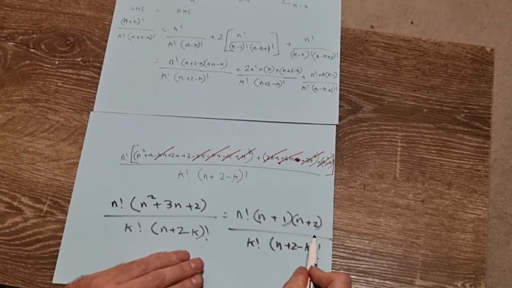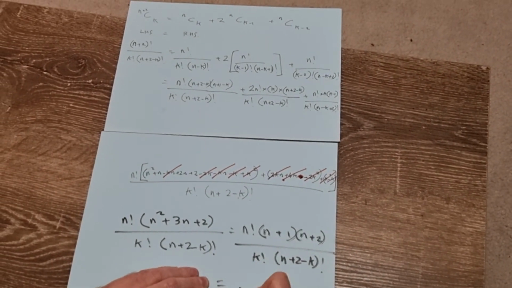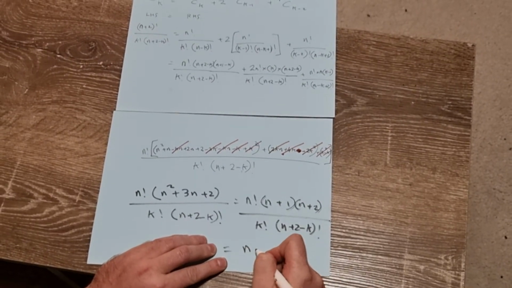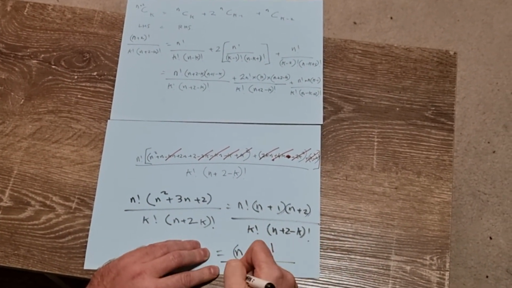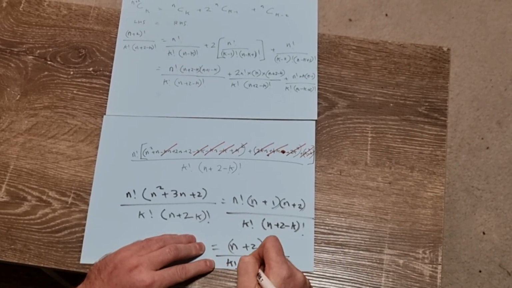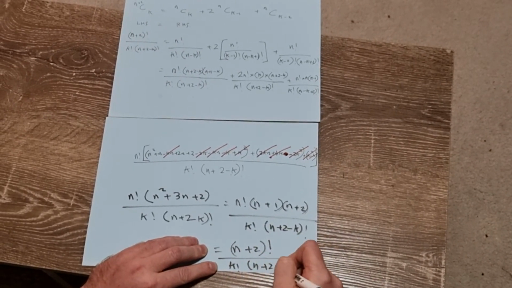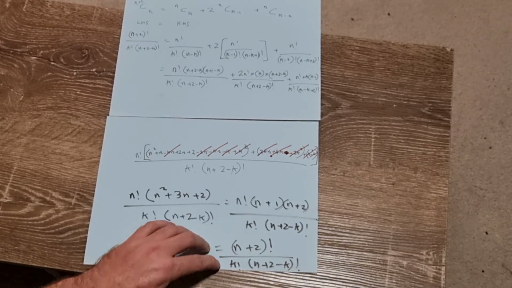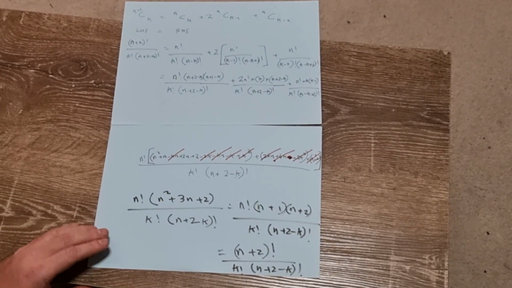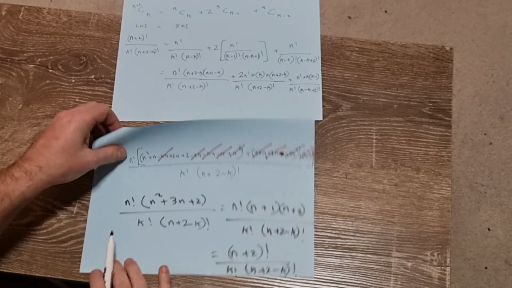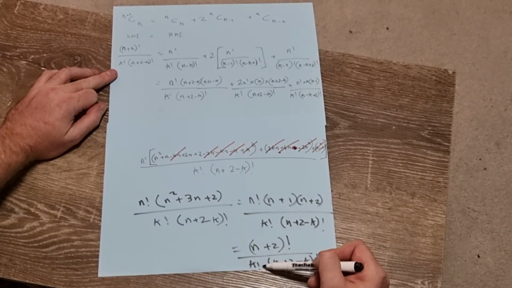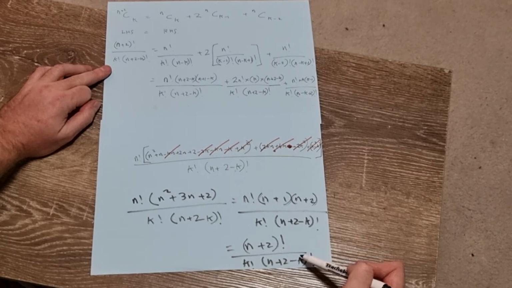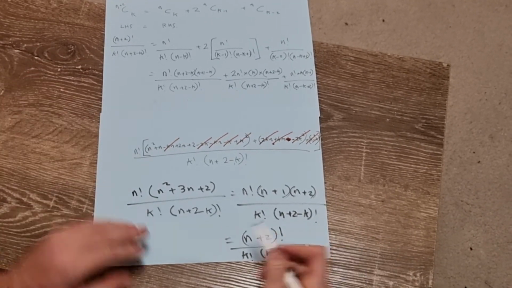And I hope you can see that this is simply (n plus 2) factorial all over k factorial (n plus 2 minus k) factorial, which is our original left hand side.